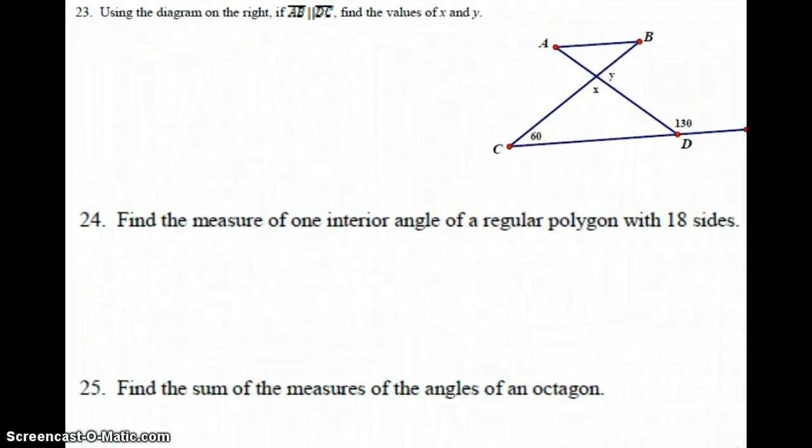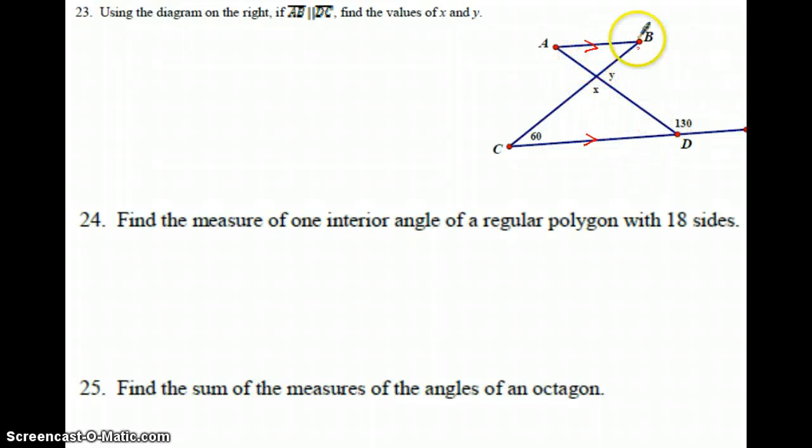Okay, using the diagram at the right, these are parallel. Oh yeah, this is the silly one where we didn't even need to know that. The segment AB has nothing to do with any of the questions here. I think maybe it was taken off a bigger problem, but I can find x and y without knowing anything about AB, although I could use it. I could use this 60 here, find this angle at B is 60, and do an exterior with the 130. But you really don't need to.